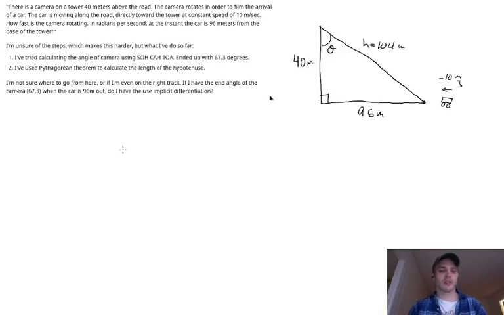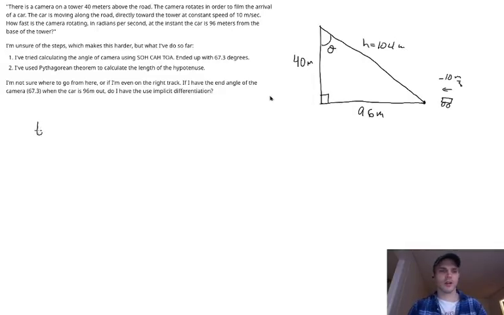is set up some equation and do the implicit differentiation here. I need this relationship to include theta and the rate of change of position with respect to time, so the velocity. So I'm going to use tangent.